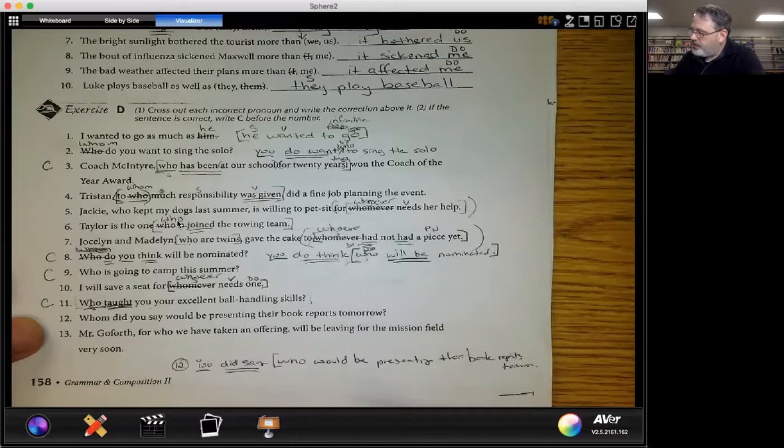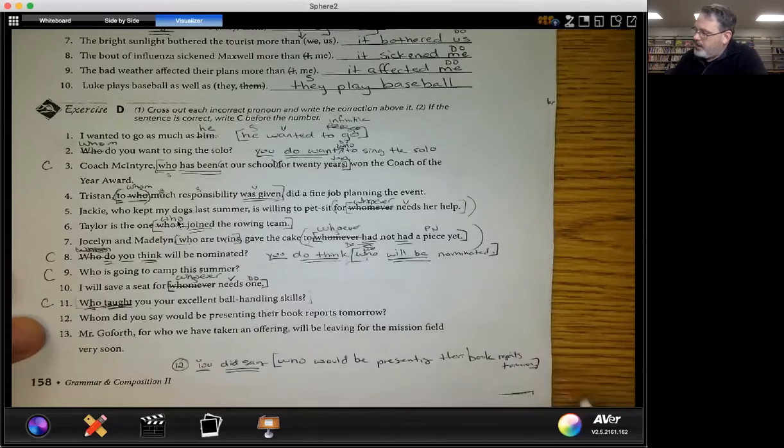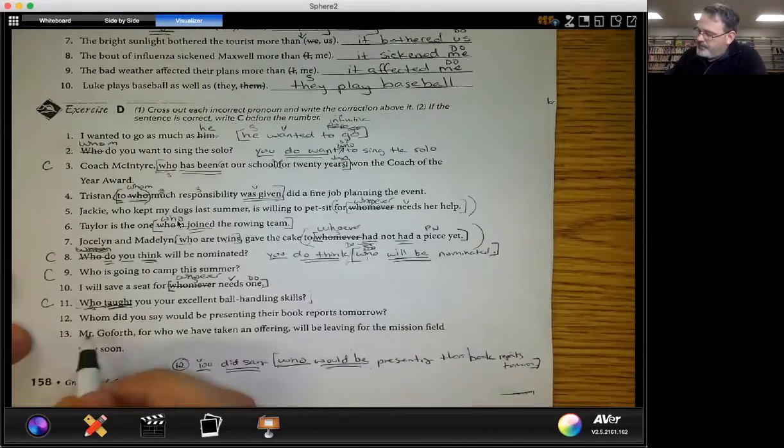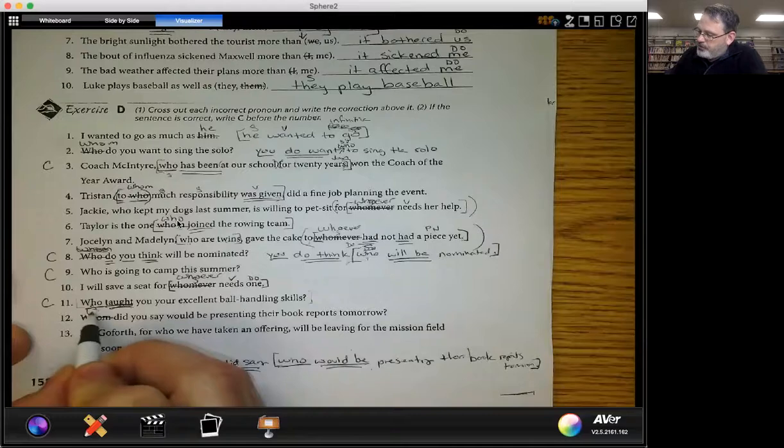That's the declarative, and that would be the clause. Okay, so this is the clause, this is the subject, that's the verb. Subjects have to be nominative case. Okay, so we've got to change that to who.